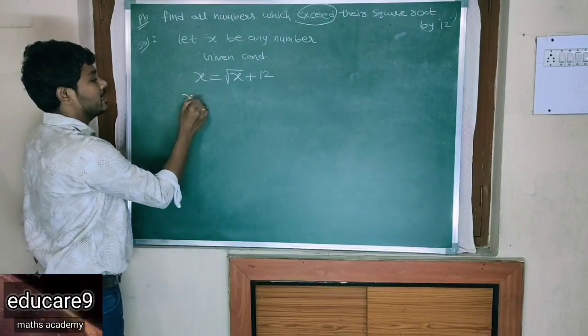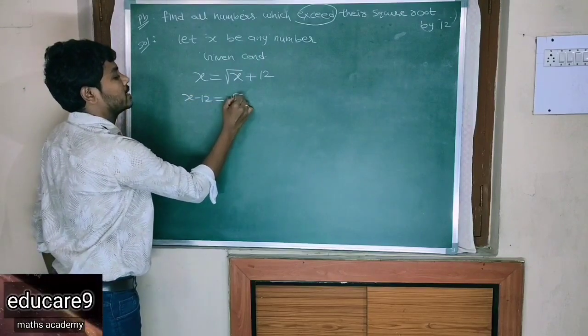Now this is written as x minus 12 is equal to root x.